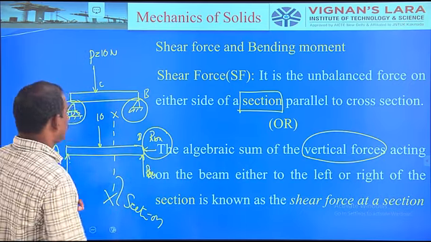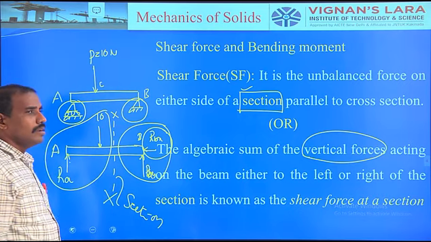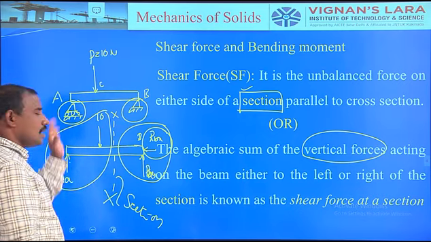So what about the unbalanced force at any position of a beam throughout the length of the beam? This is the only new thing. For better understanding, what about the net force left of the section? For example, left of the section, upward forces are taken as positive. RA minus 10 is the net force left of the section.